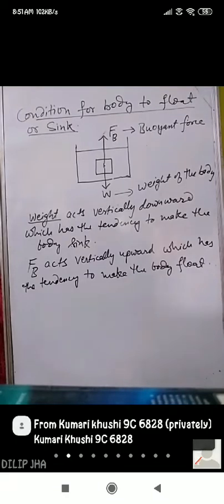So these two forces are acting in opposite direction. One has the tendency to make the body sink, another has the tendency to make the body float, which acts vertically upward, upthrust upward and weight downward. Now we will compare these two forces. When one will be greater than the other or less than the other, what will happen?